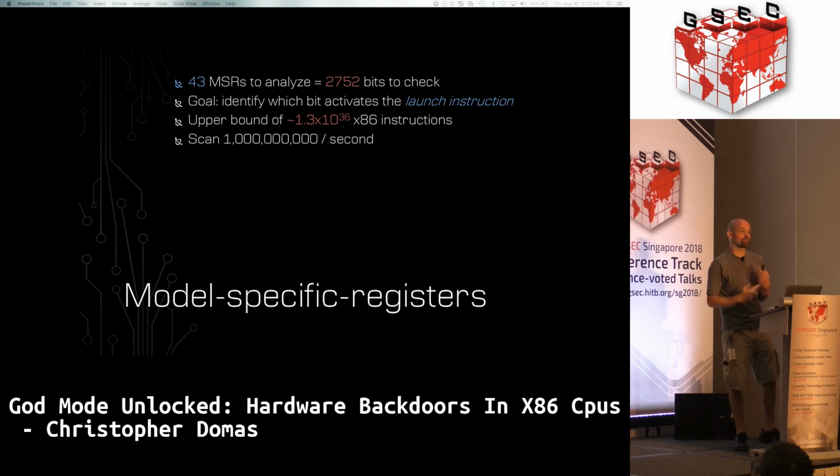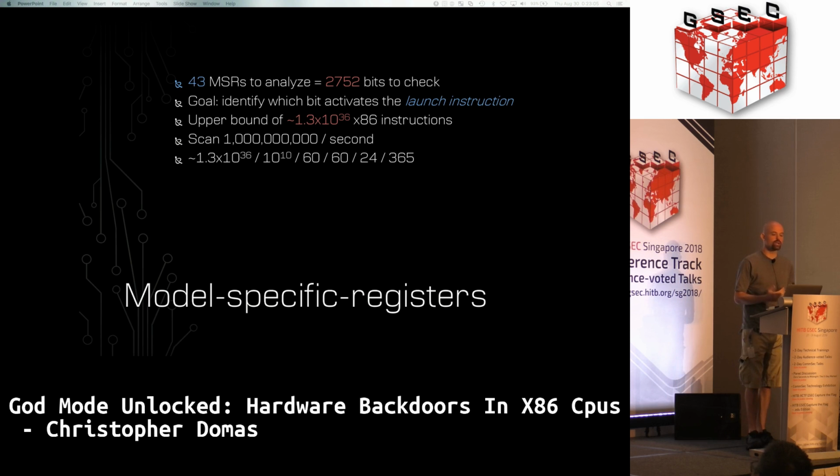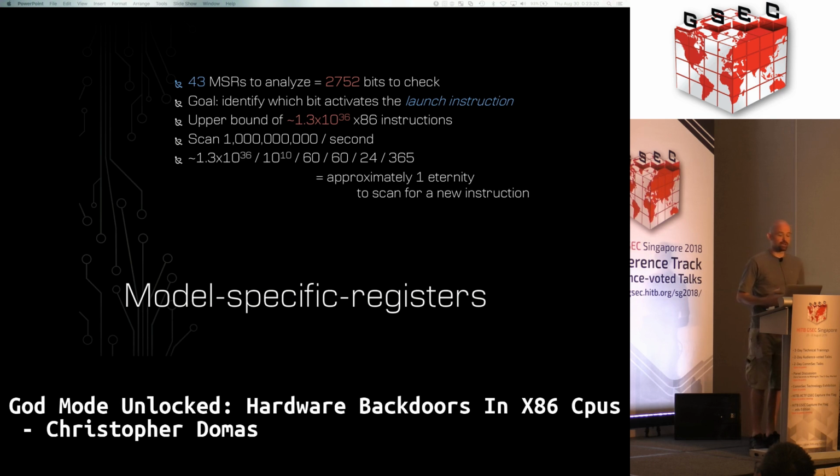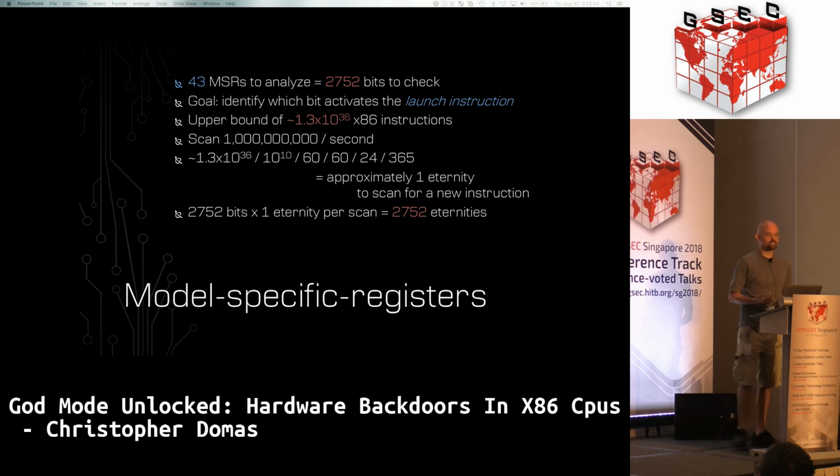So even with a really generous estimation, if I could scan for 1 billion x86 instructions every second, we could do a quick Fermi approximation here. 1.3 undecillion possible instructions divided by 1 billion instructions a second, divided by 60 seconds a minute, divided by 60 minutes an hour, divided by 24 hours a day, divided by 365 days a year, means it's going to take about an eternity to scan for one new x86 instruction in the architecture.